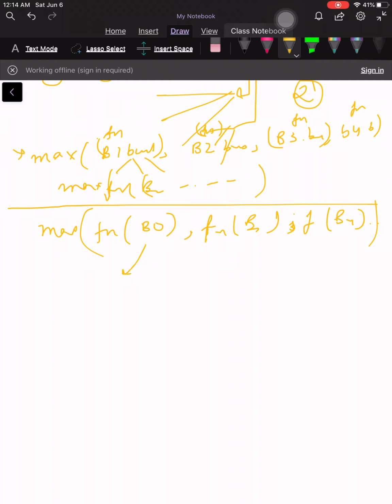This again is a recursive call, since b0 is gone, it will again call function of b1, b2, function of b3, like this. So there are recursive calls over here, and there is some evaluation, and whatever the value is from the top level, that's the result of the solution. This is a simple question.